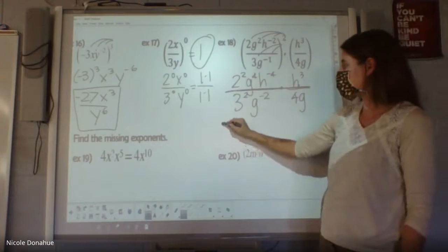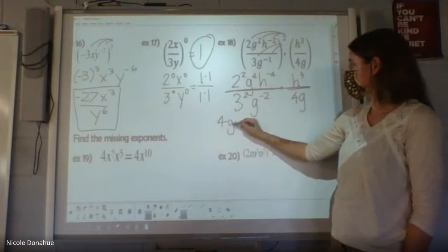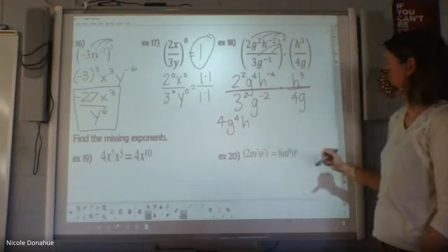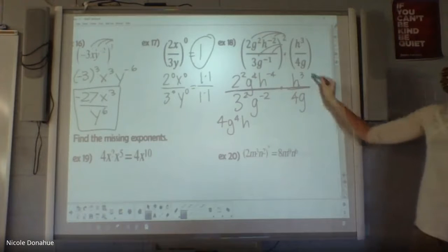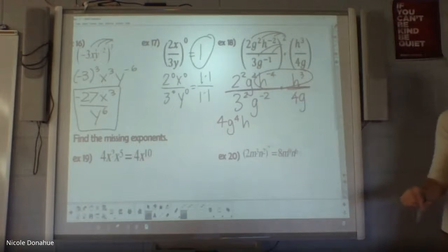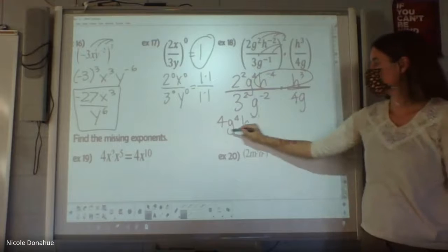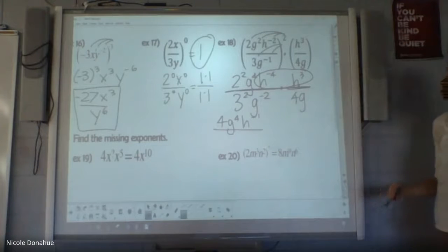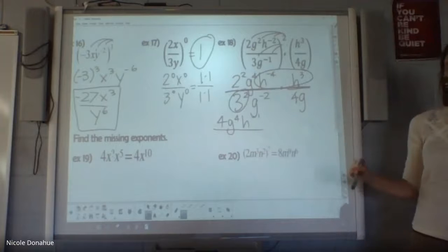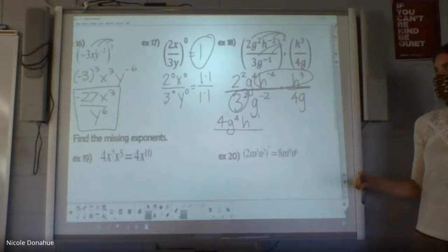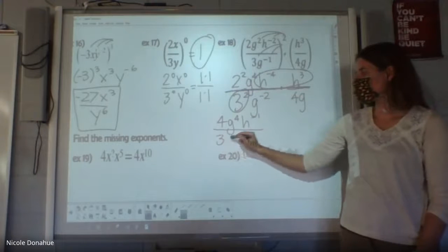So on the top, 2 to the second is 4, g to the fourth, h to what power? Positive 4. Careful, we're doing these two. Oh, negative 1 over, I have 3 to the second times 4. 9 times 4, 36.